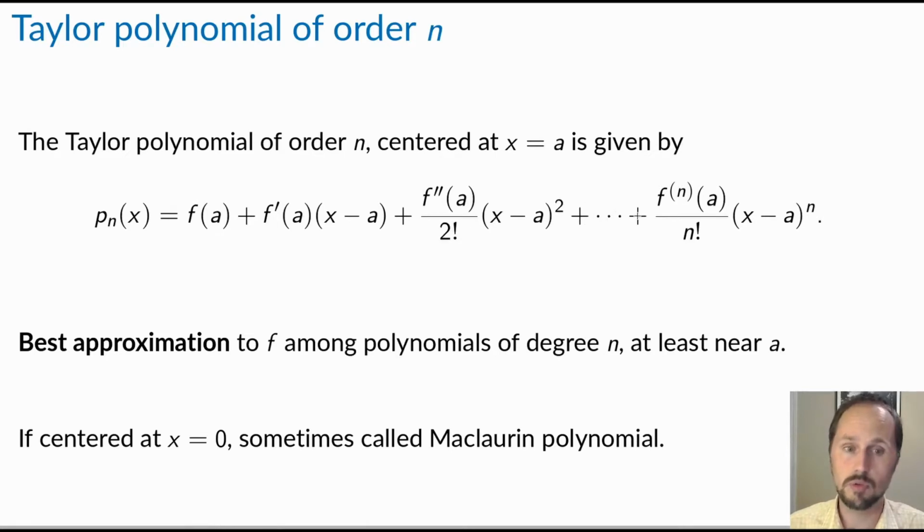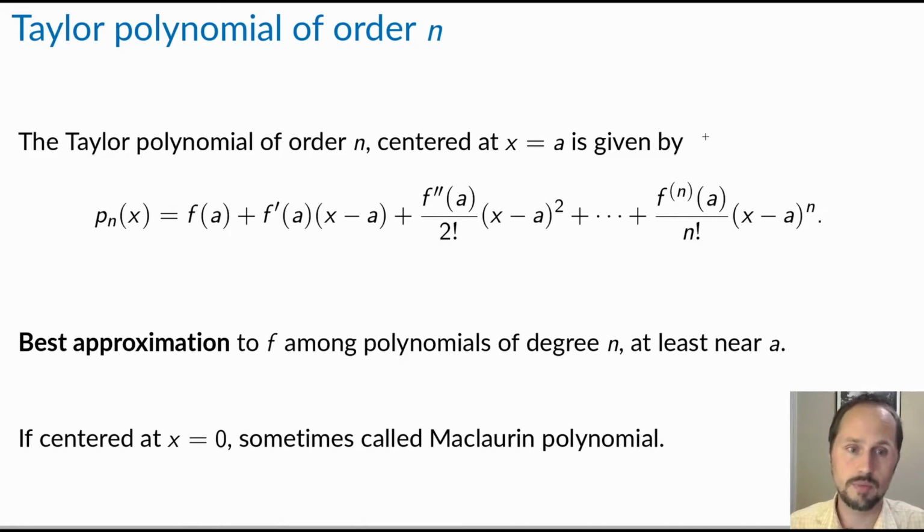And then we keep going with powers of x minus a divided by the appropriate factorial, and we take the appropriate number of derivatives of this f. So the highest order term is going to be the nth derivative of f evaluated at a divided by n factorial times (x minus a) to the power n.